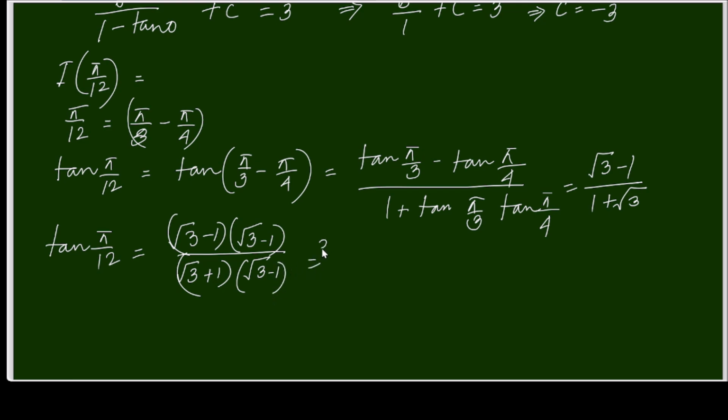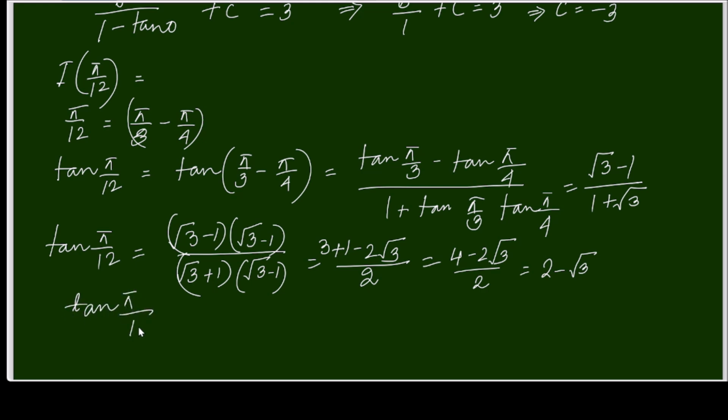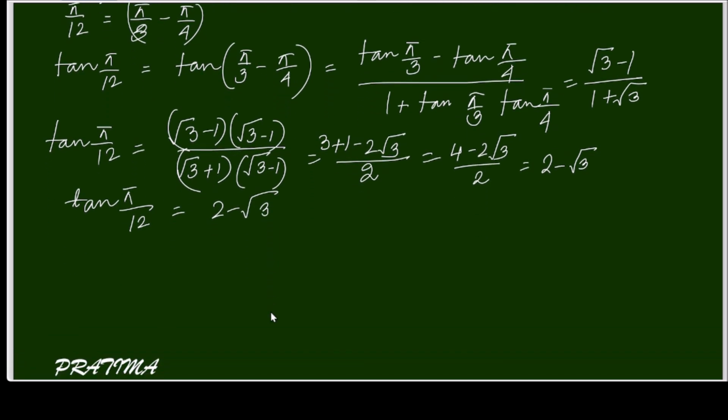So 3 plus 1 minus 2 root 3 over 2, that will be (4 minus 2 root 3) by 2. This is 2 minus root 3. So you can remember these values, so that you can do it very easily or fast in the entrance examination.